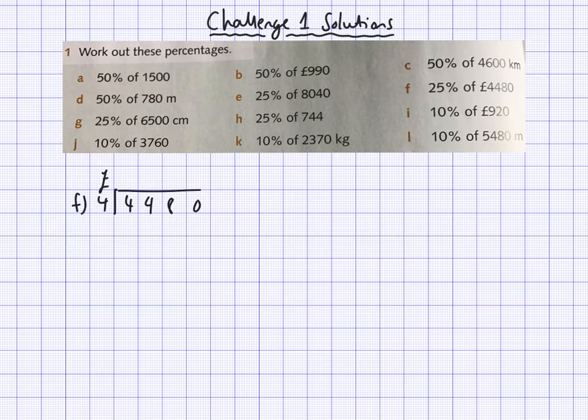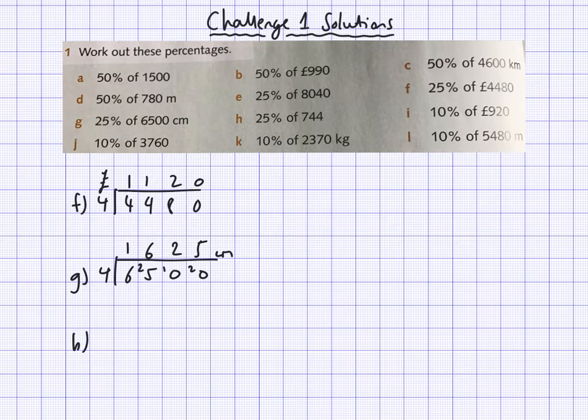So again, I remember that 25% is the same as a quarter, so I'm dividing by 4. 1,120 pounds. G, 25% of 6,500 centimetres. Again, dividing by 4. And remembering it as centimetres, so 1,625 centimetres.